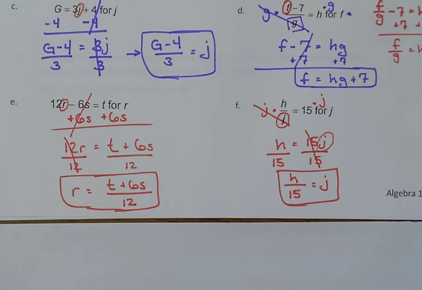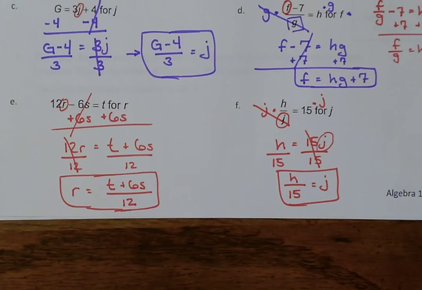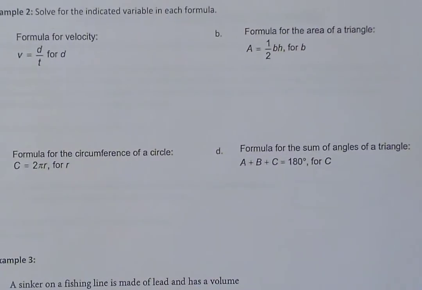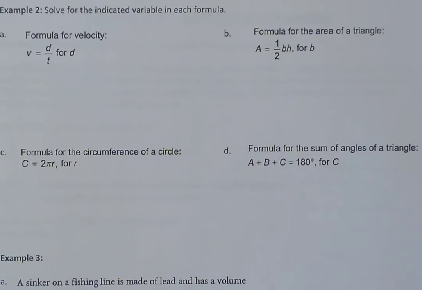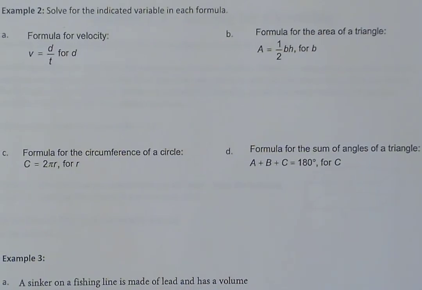All right, so before we finish our video for today, we have a couple more examples to take a look at. Now, example 2 is going to be a lot of the same idea that we just went through with example 1. It just is the fact that we have formulas.